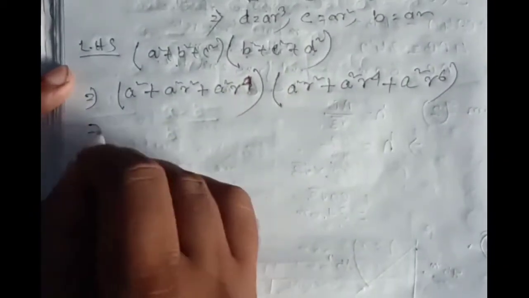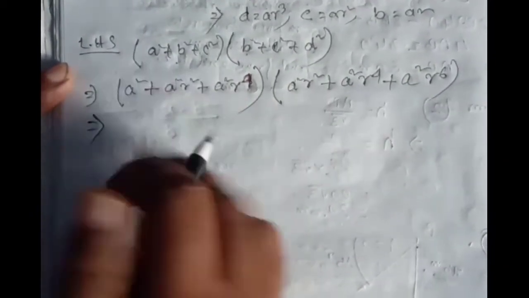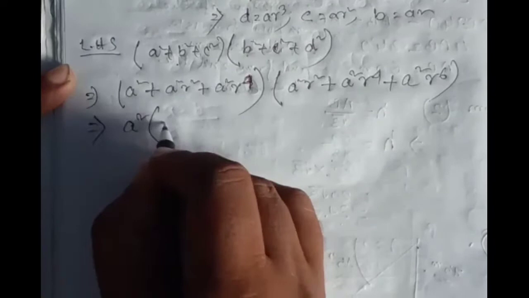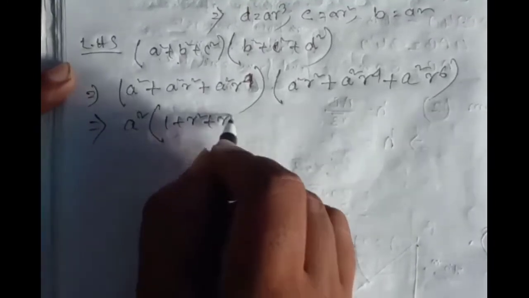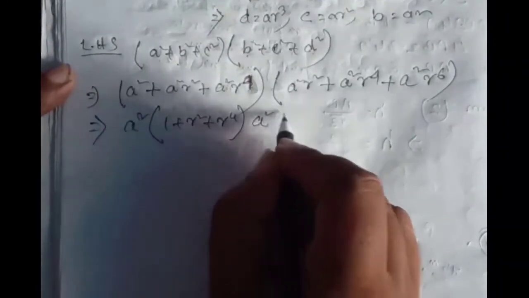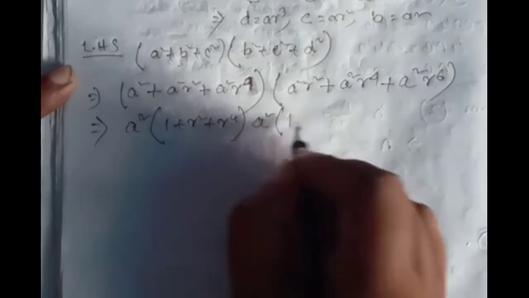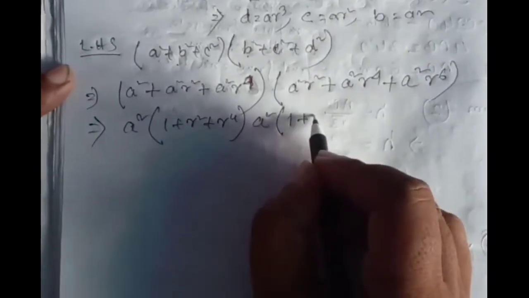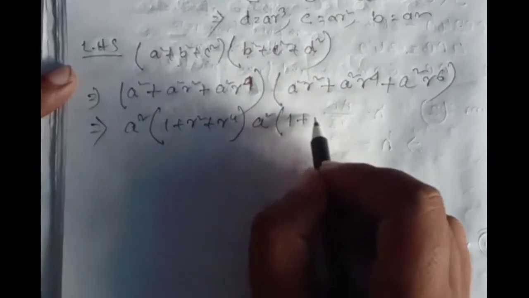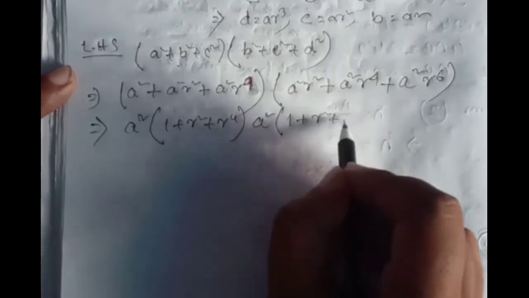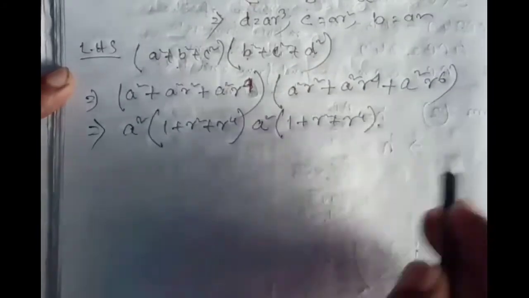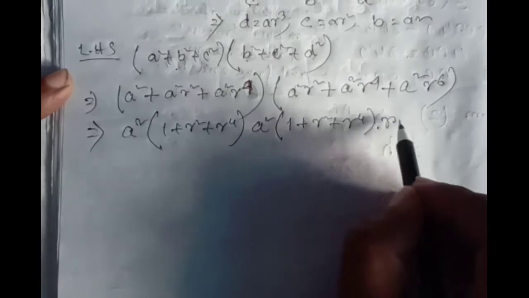Okay. Taking A square common from both, we are getting A square into 1 plus R square plus R to the power 4, and A square R square into 1 plus R square plus R to the power 4, again taking R square common.